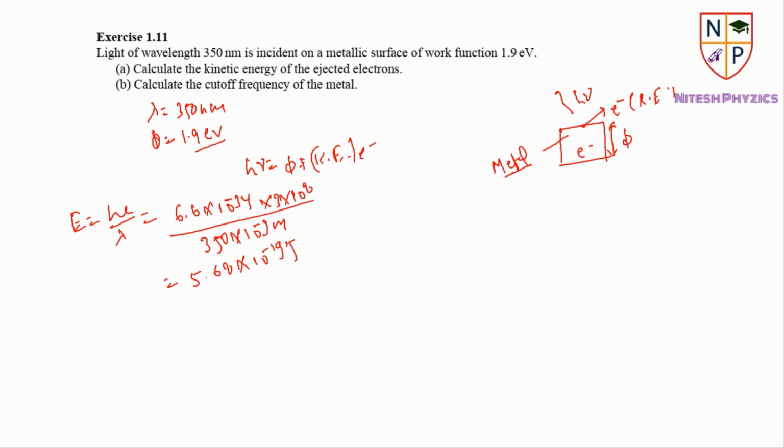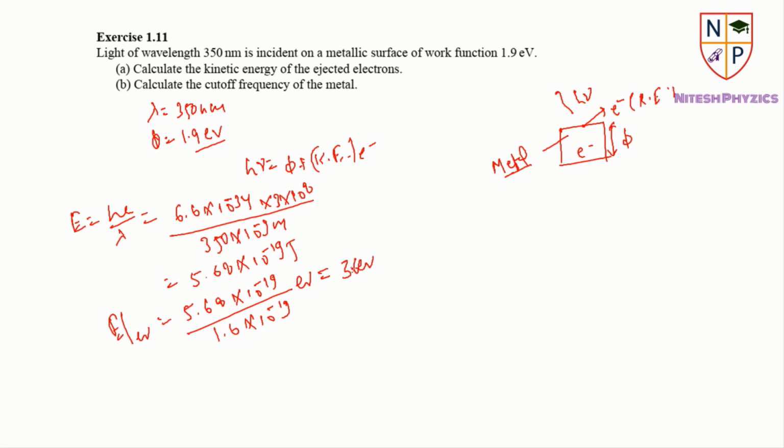Okay, this is energy. Now convert this energy into electron volt. So E in electron volt, we can simply divide 5.68 into 10 power minus 19 upon 1.6 into 10 power minus 19, and this will convert to electron volt. So we get here around 3.6 electron volt.